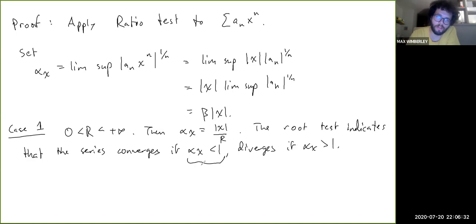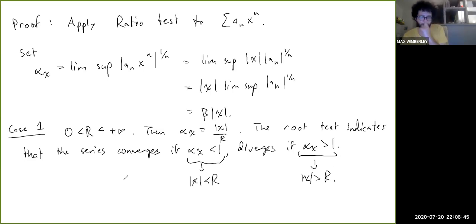And then this case is equivalent to absolute value of x being less than r, and this case is equivalent to absolute value of x being greater than r, right? So that is the first case.